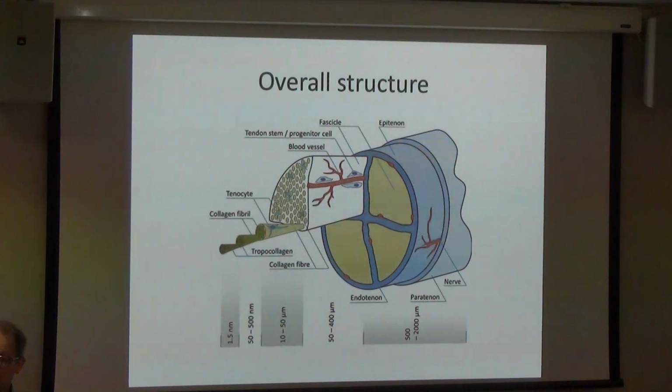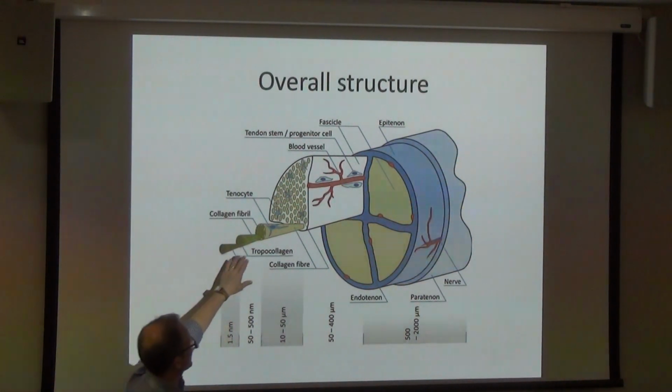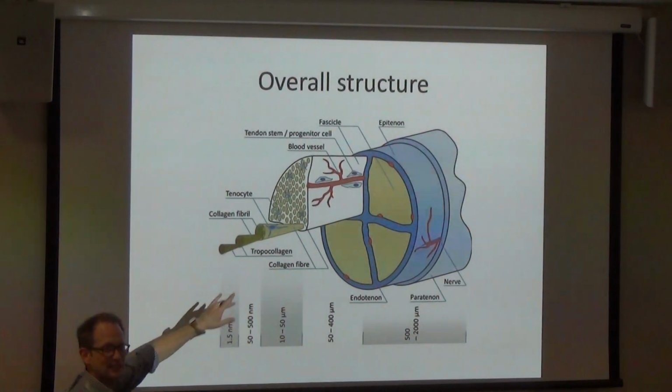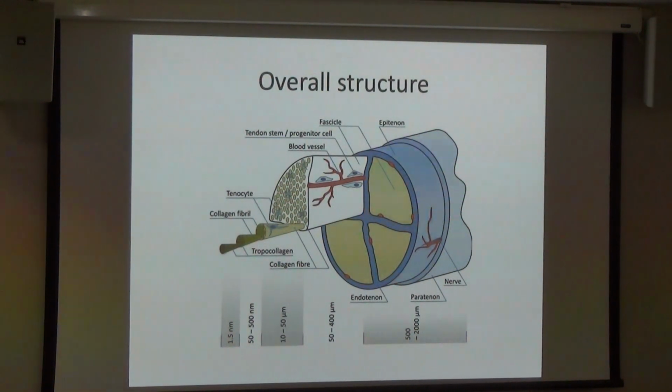Okay. So this is fundamentally the picture I was asking you to draw. It looks exactly like yours, right? You start right at the bottom with the tropocollagen and the collagen and the fibril, and the squashed tenocytes in between each other. It's not a million miles away.